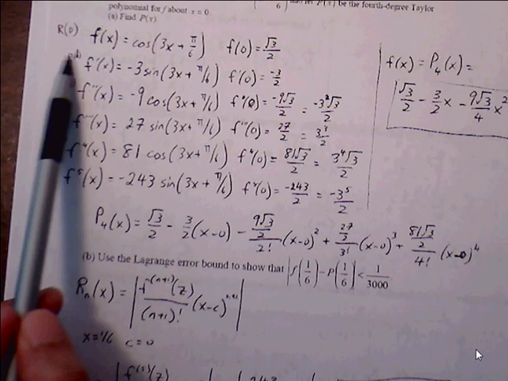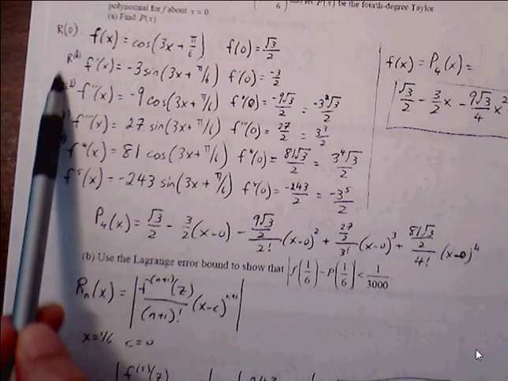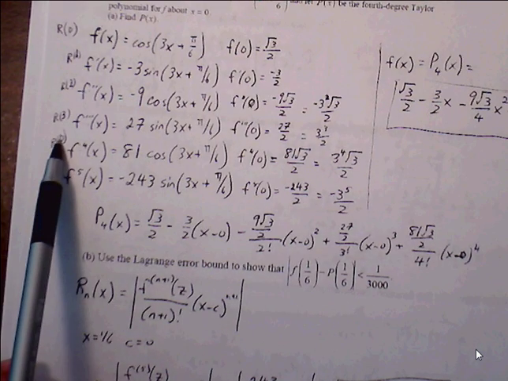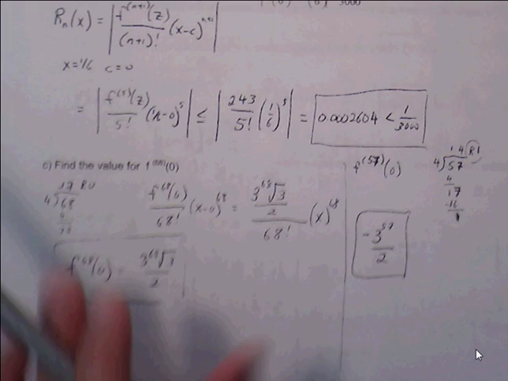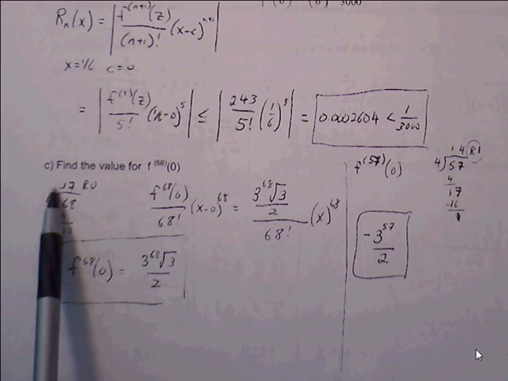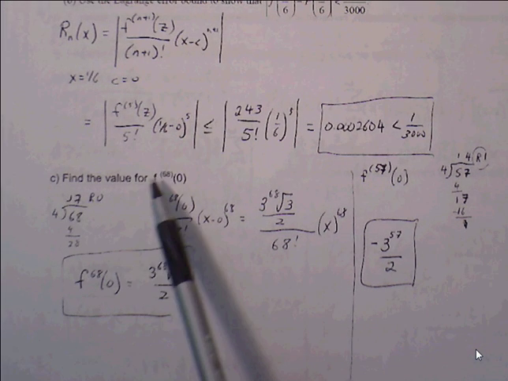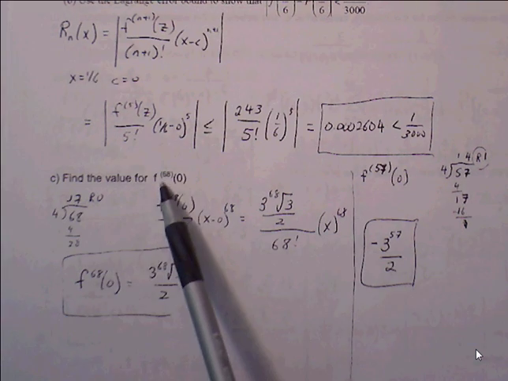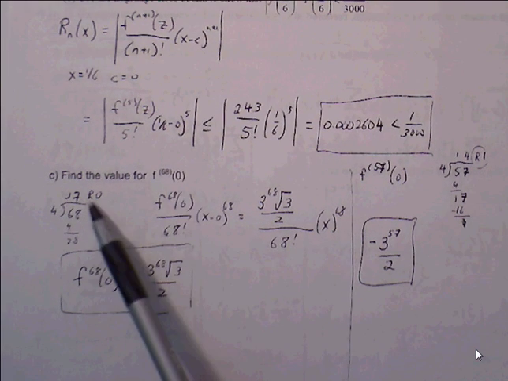It goes through 4 iterations and then comes back to the original form. So we can simply do 68 divided by 4 to figure out which of these variations the 68th derivative will land on. It has to be one of those 4 variations, and we find it by looking at the remainder.